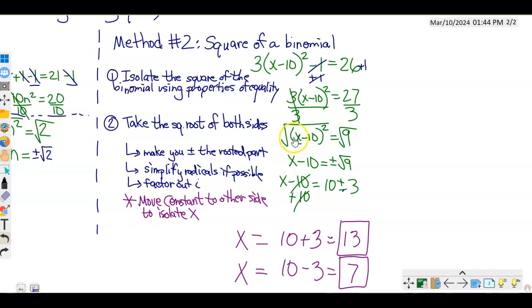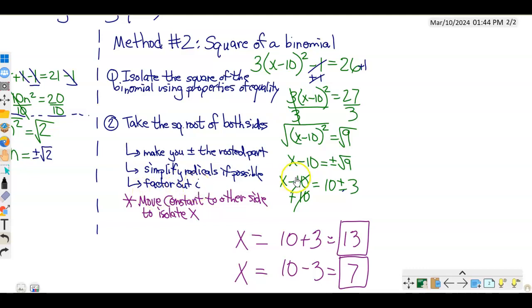It makes this process of solving so much easier. So you can see I did that. And here are our 3 little things to remember after we take the square root of both sides.